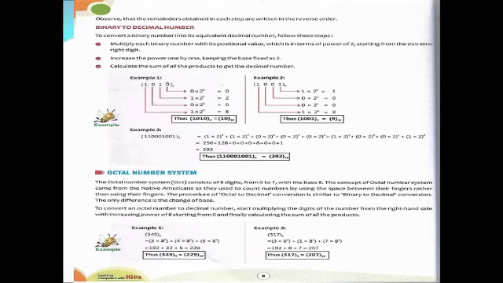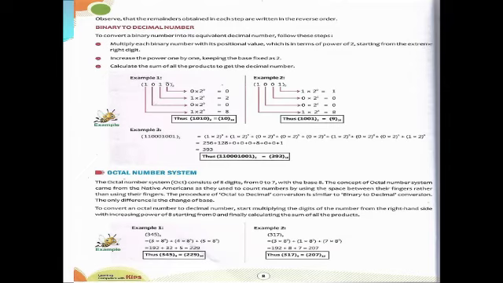And 1 into 2 power 3, 2 into 2 into 2, is 8. Then the addition of 0, 2, 0 and 8, the total is 10.